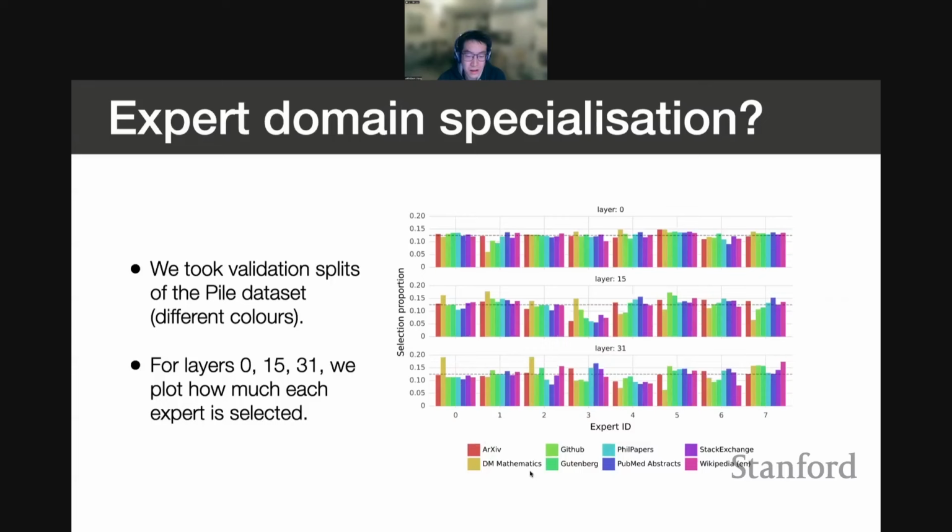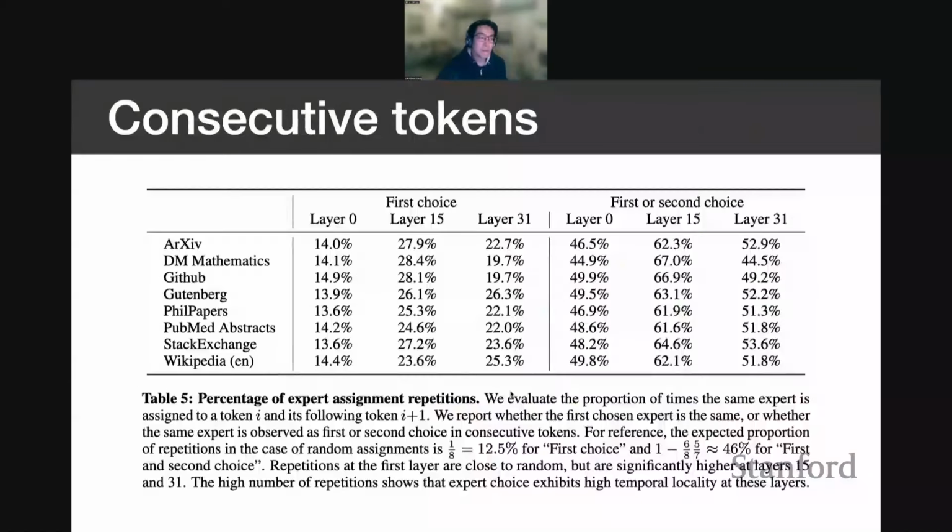Or since the dataset is DeepMind Mathematics, it's more like arithmetic. Okay. We also did some analysis on consecutive tokens. The question to ask here is whether two tokens that are consecutive get assigned to the same expert. So here we have the first choice.